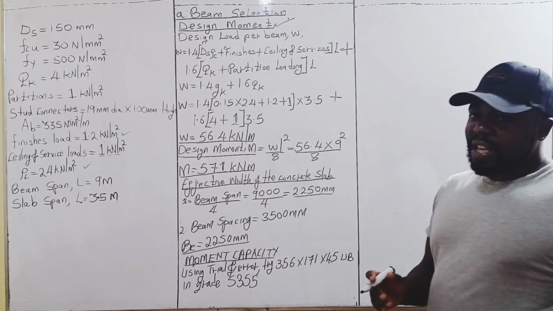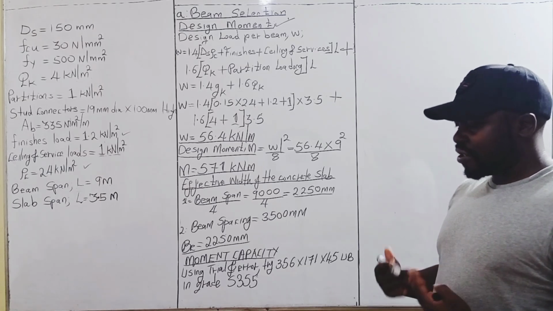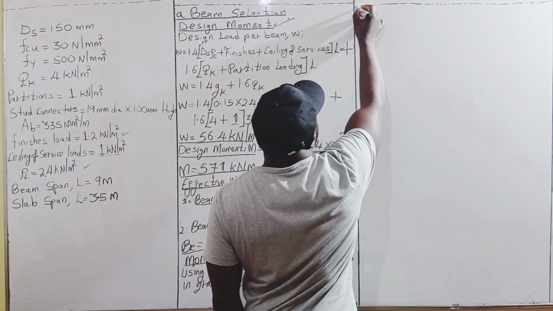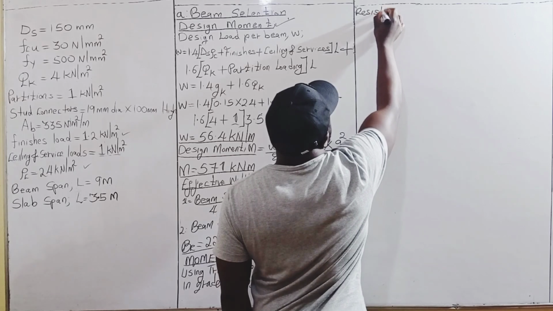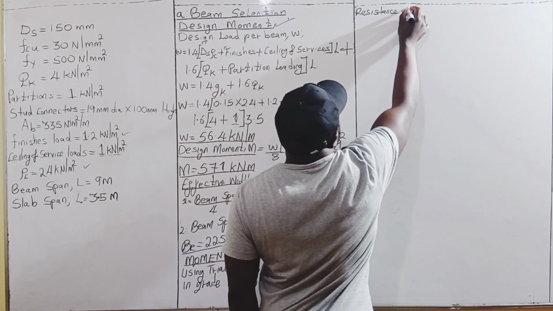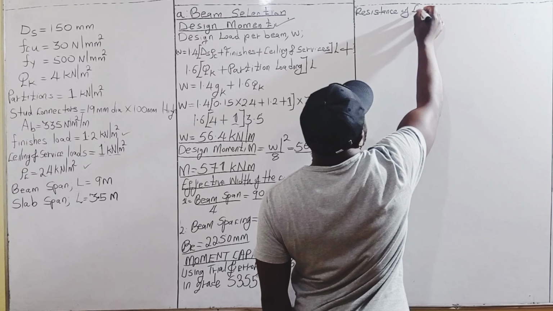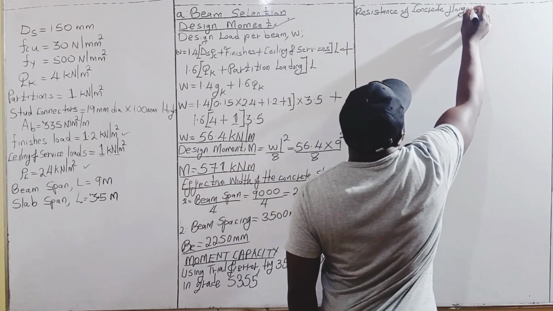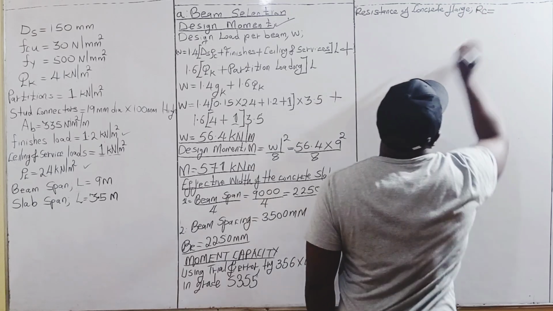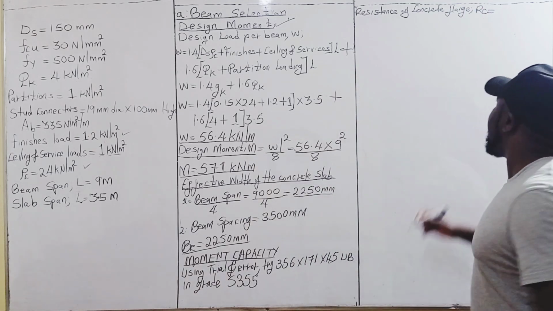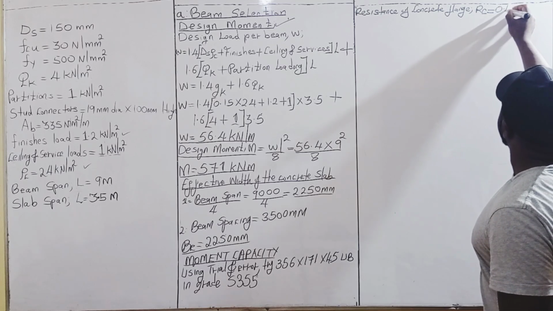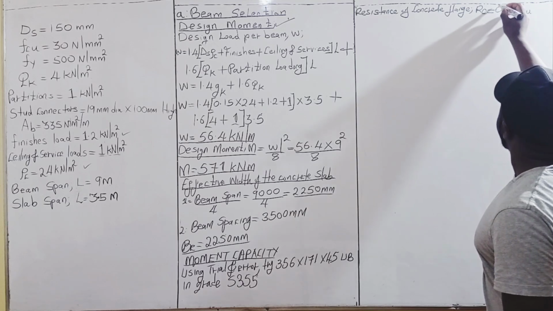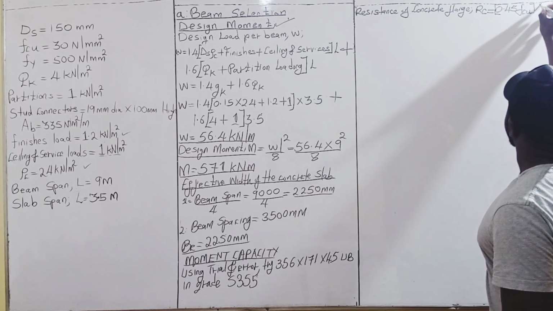And therefore, beginning with calculation of the resistance of the concrete flange, that is RC. Therefore, we go to calculation of resistance of concrete flange. RC in this case will be given by 0.45 FCU multiplied by AC.